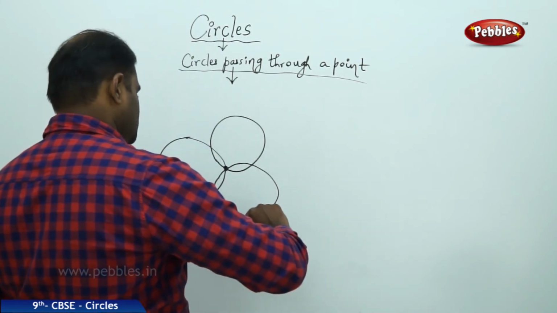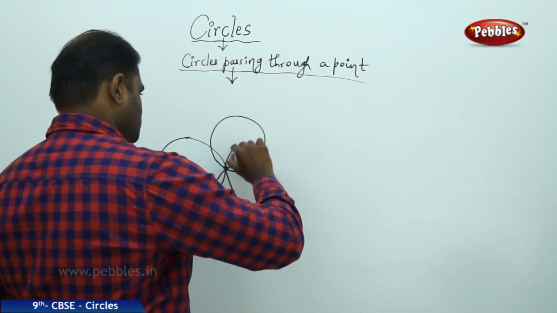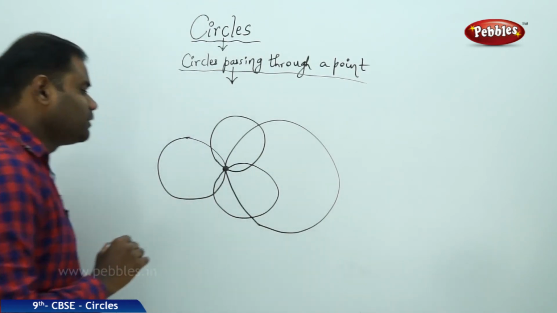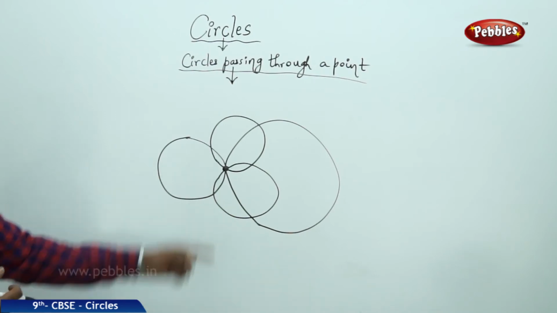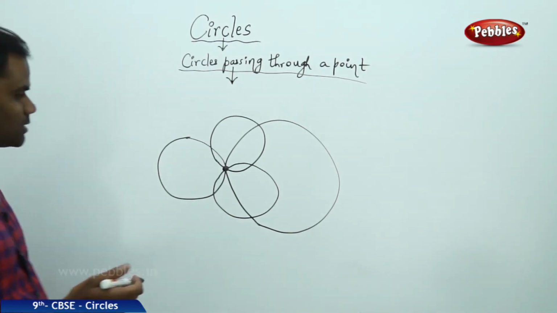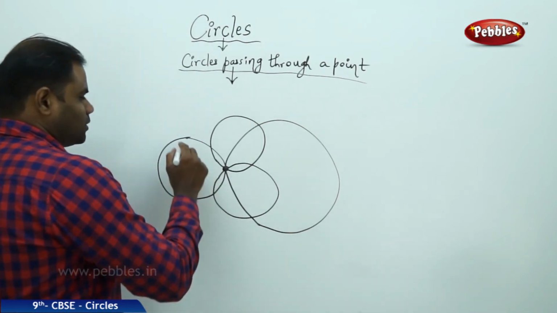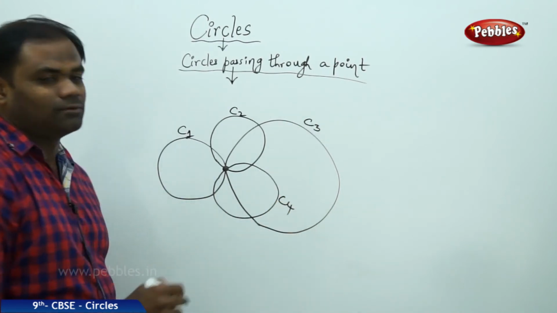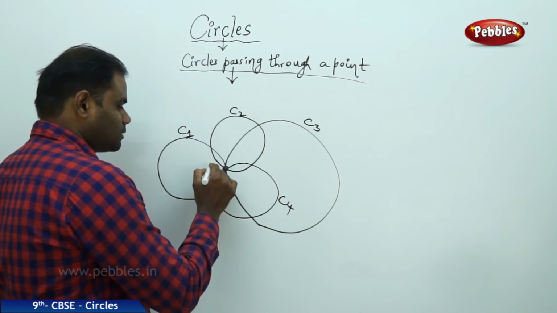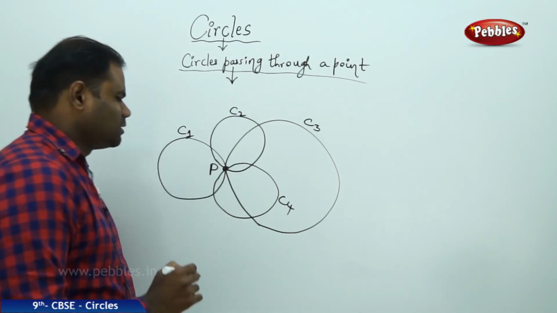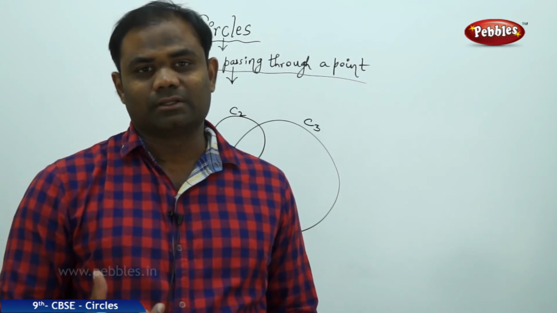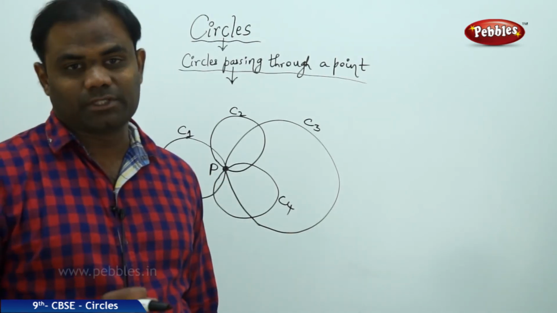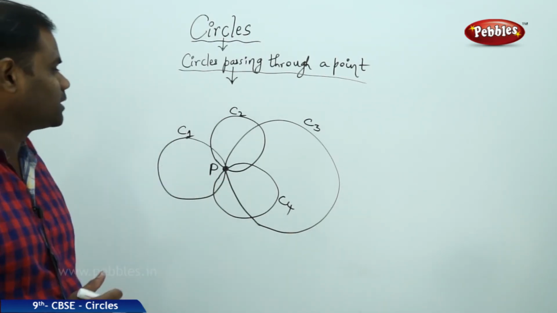So like this, I see there are infinitely many circles which I can draw through those points. So what does this give? An indication. So here is circle 1, circle 2, circle 3 and circle 4 passing through the point P. So this gives me a clear idea that there are infinitely many circles which can be made to pass through one fixed point.